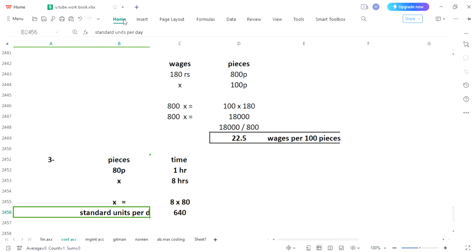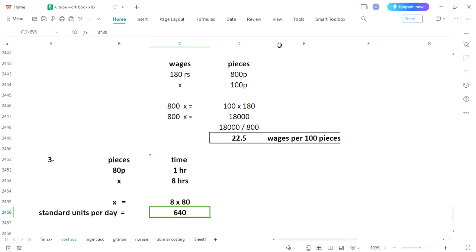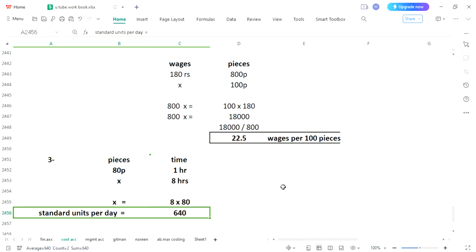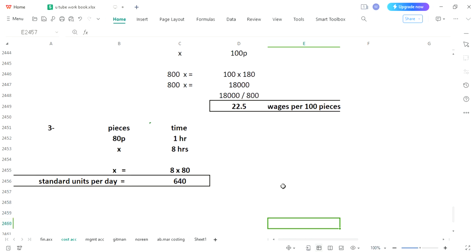While you can understand that the worker had produced 800 units. This is standard units per day 640, and how many units had the worker made? 800. It means extra production was made. Again, try to understand. In 1 hour 80 pieces were made. In 8 hours how many pieces should be made?